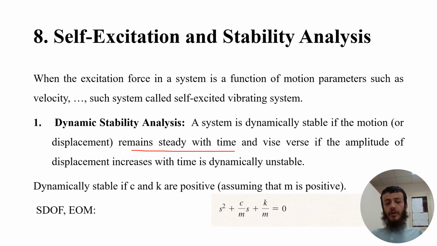In other words, if C and K are positive values, assuming that M, the mass, is positive, we will have a dynamically stable system. This is just a representation of the equation of motion after derivation of the equation of motion.